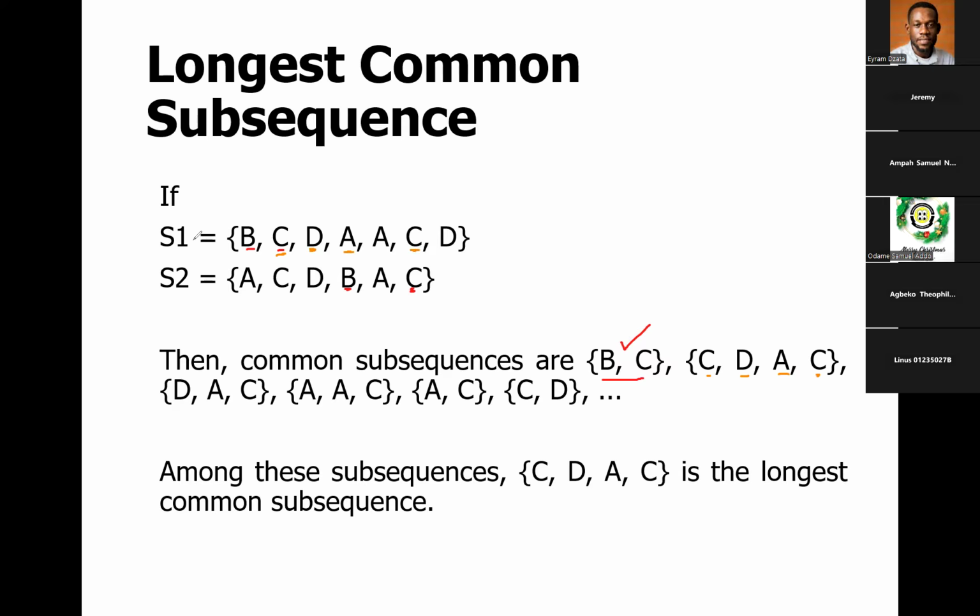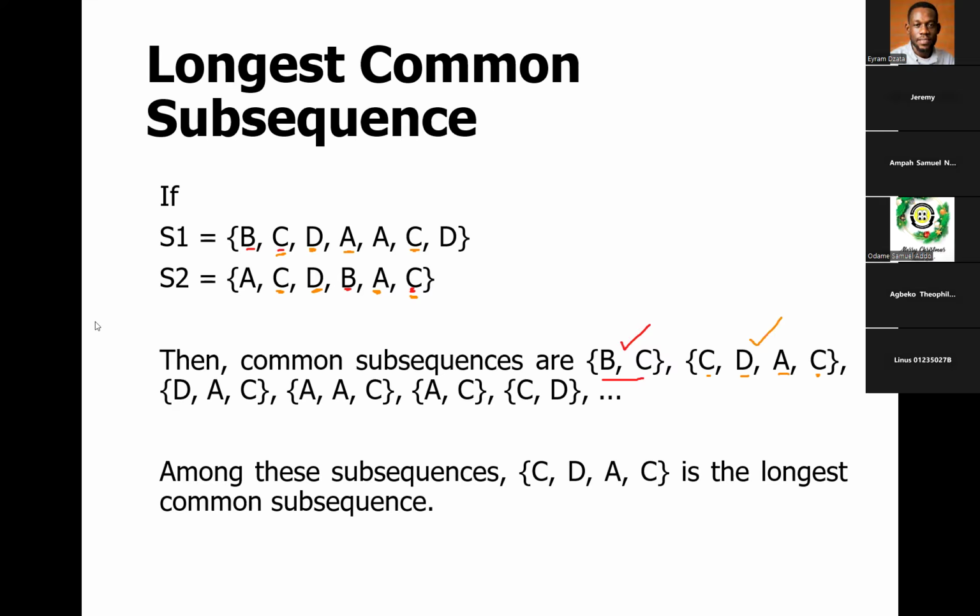So it's a subsequence in S1. Now let's go to S2. We have C here, there's D, there's A, and then there's C here. So this is also a common subsequence for both.